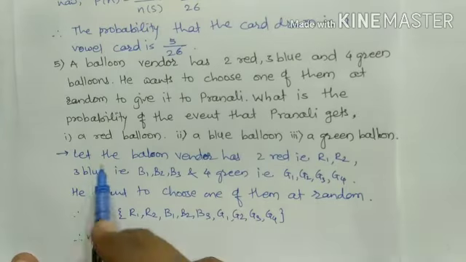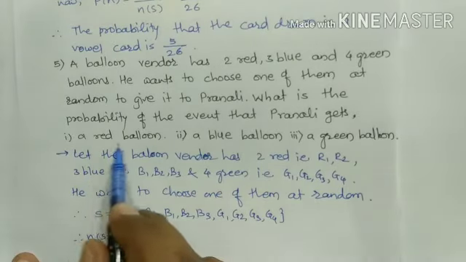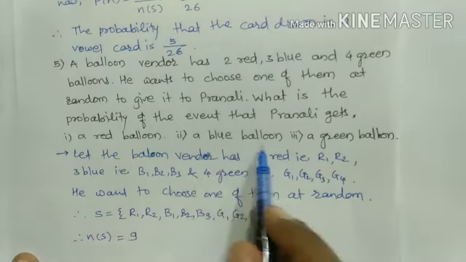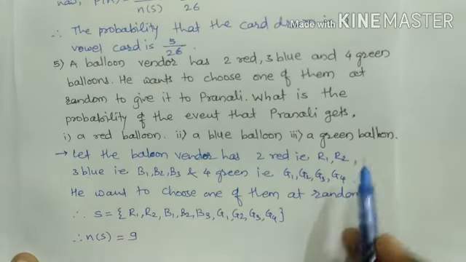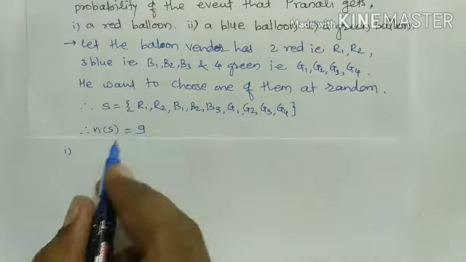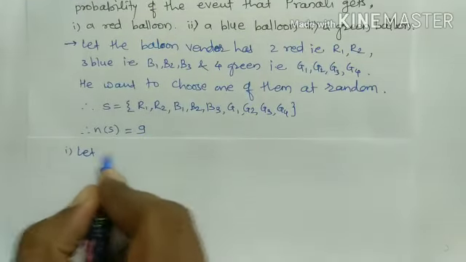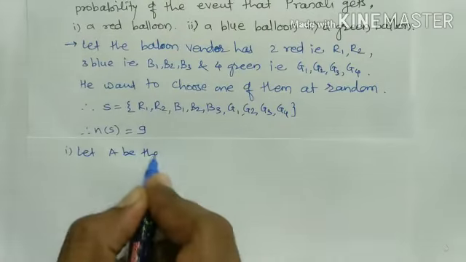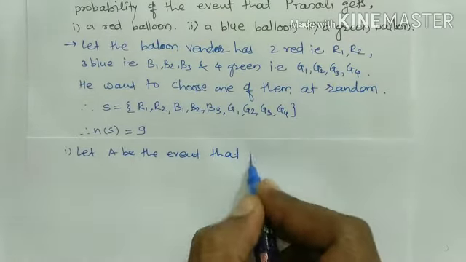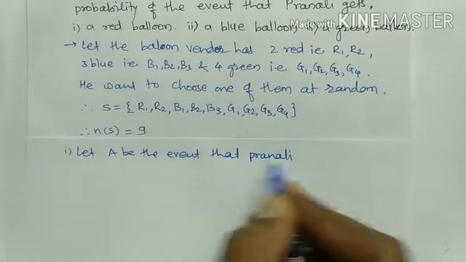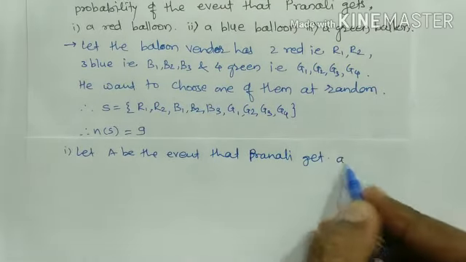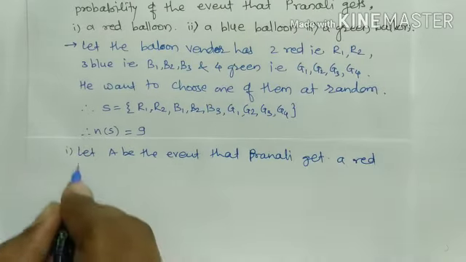Here three events are given. The first event is that the balloon is a red balloon. Then the second event is a blue balloon. And then the third event is the green balloon. So we have to find the probability of each. Now let A be the event that Pranali gets a red balloon.